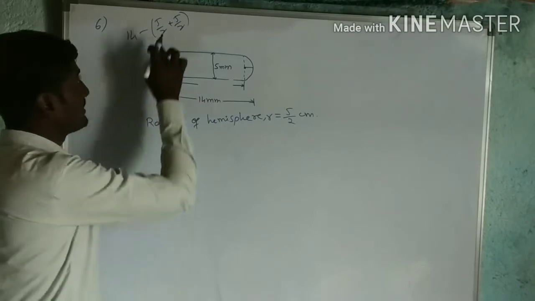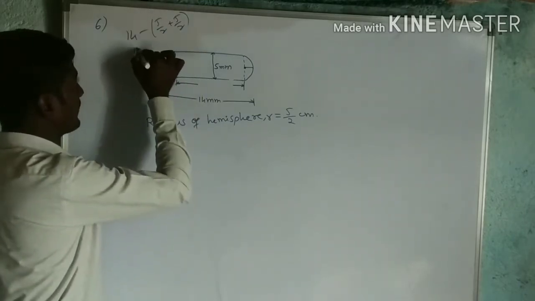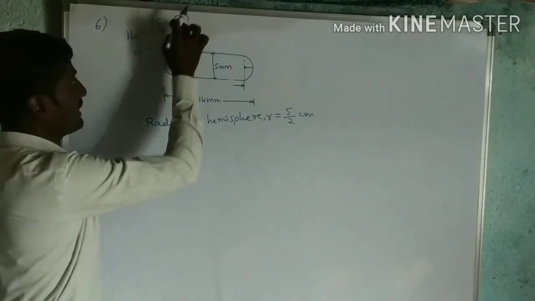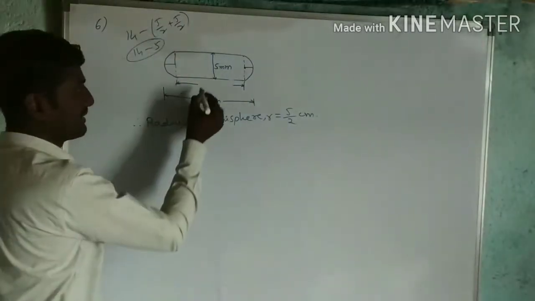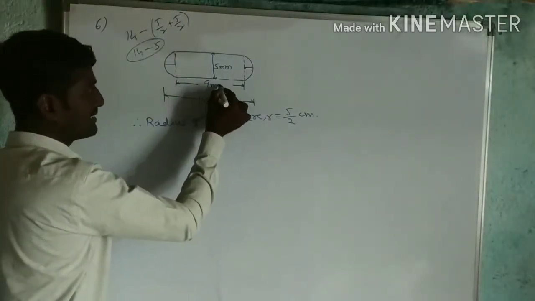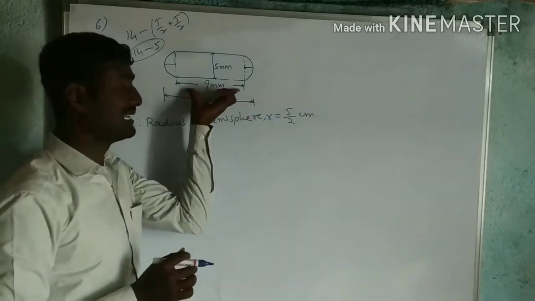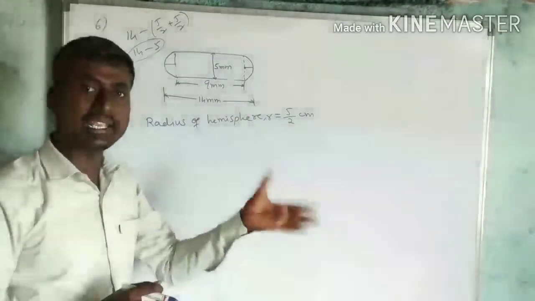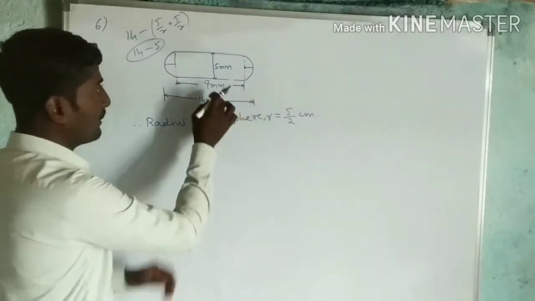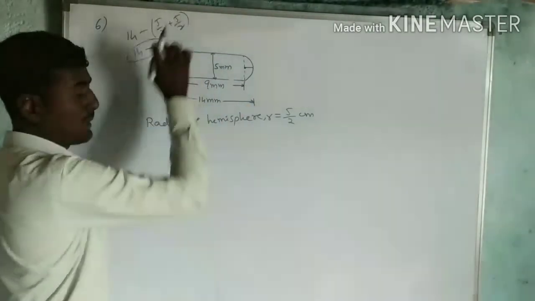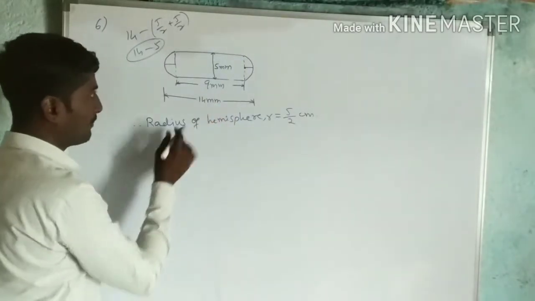So this is 14 minus 10 divided by 2. 10 divided by 2 is 5. So 14 minus 5 is 9 millimeter. This is the length of the cylindrical part, or you can take it as the height of the cylindrical part. So 14 minus (5 by 2 plus 5 by 2) is 9 millimeter.